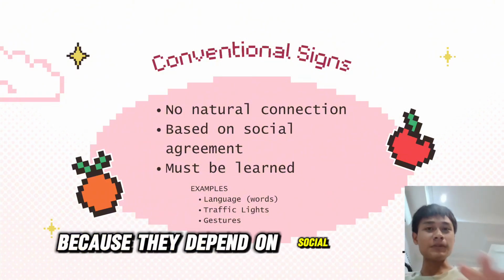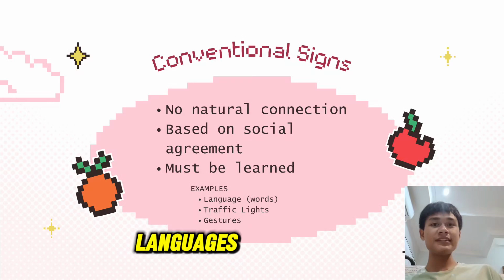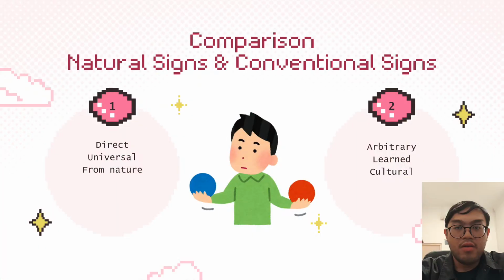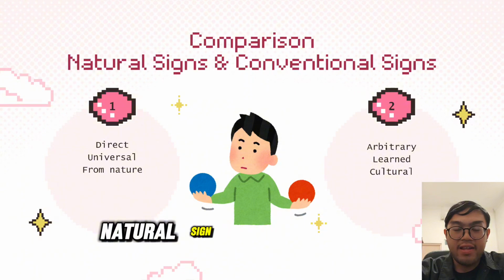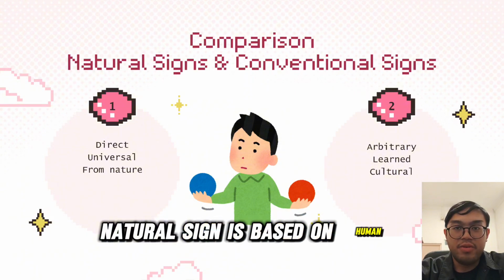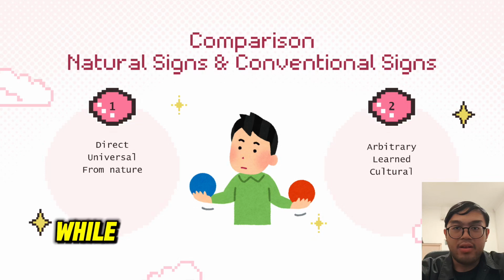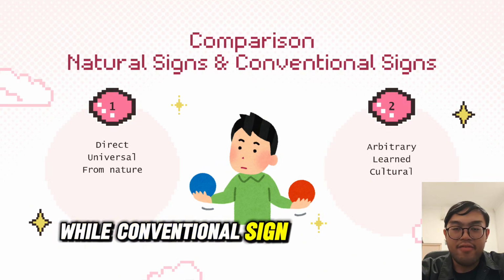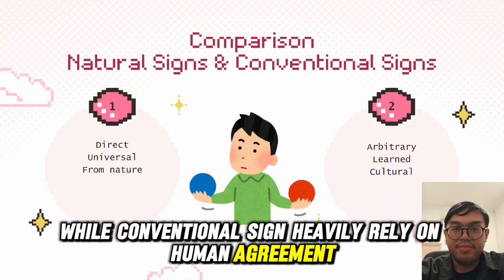Because they depend on social agreement, conventional signs can vary between cultures, languages, and contexts. From this, we can see the difference. Natural signs are based on natural relationships, while conventional signs rely heavily on human agreement.